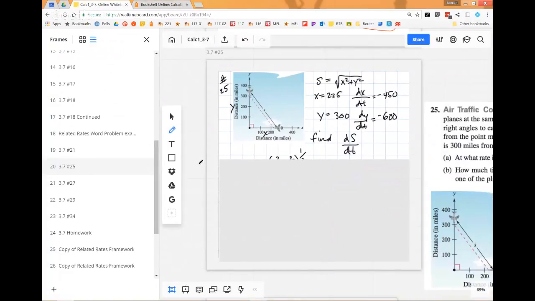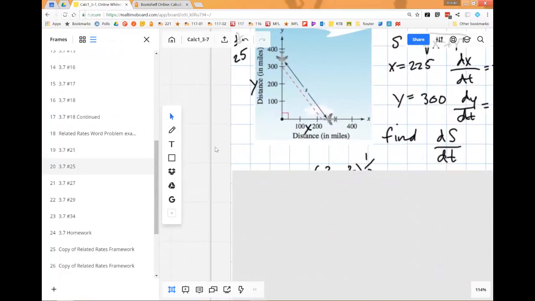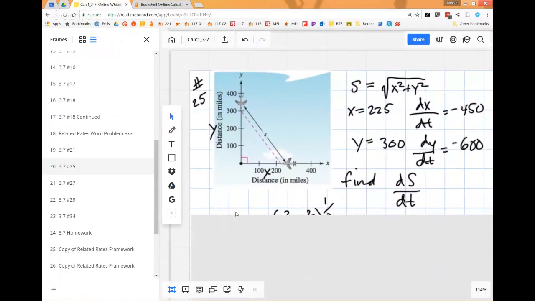Okay, so now let's take a look at this. This picture is a little bit bigger. I'll blow it up so you can see it better. So you see this plane is heading south and is at the distance of 300 miles. The tip of the plane is at 300 there.